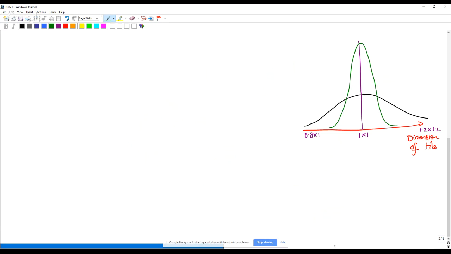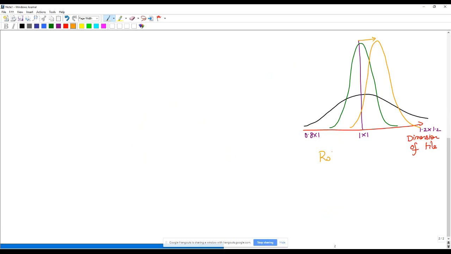Great, you did reduce the variability. What happens if this happened? This is a bad thing because there is a mean shift, which you don't want.